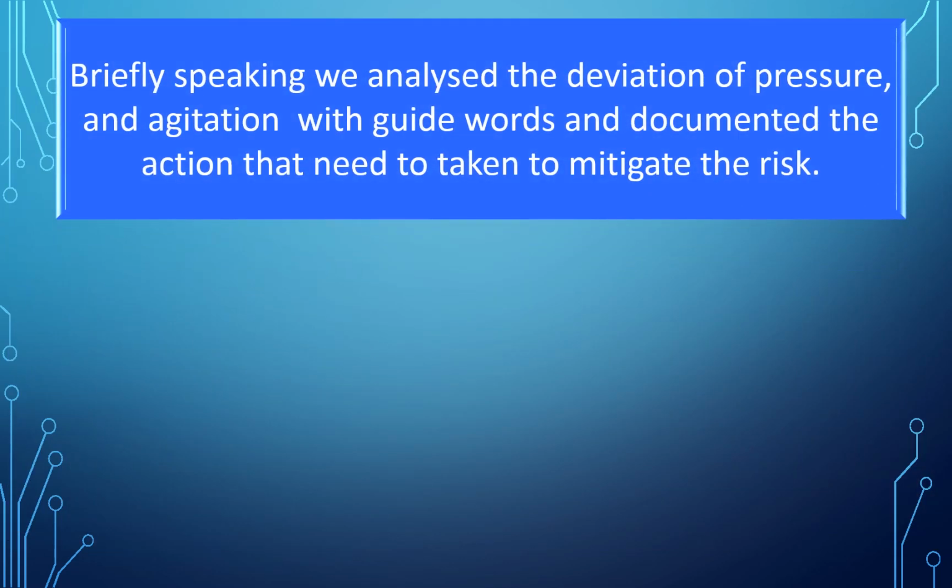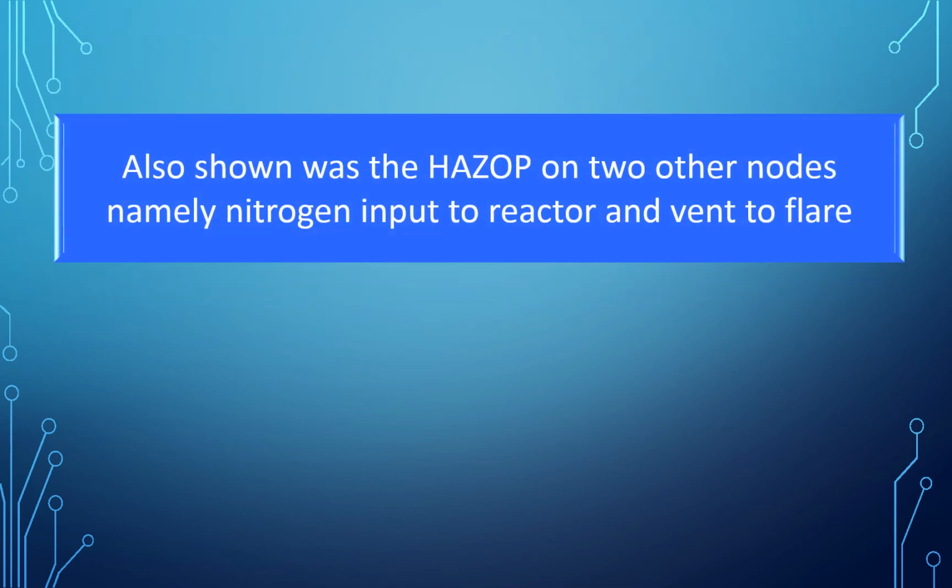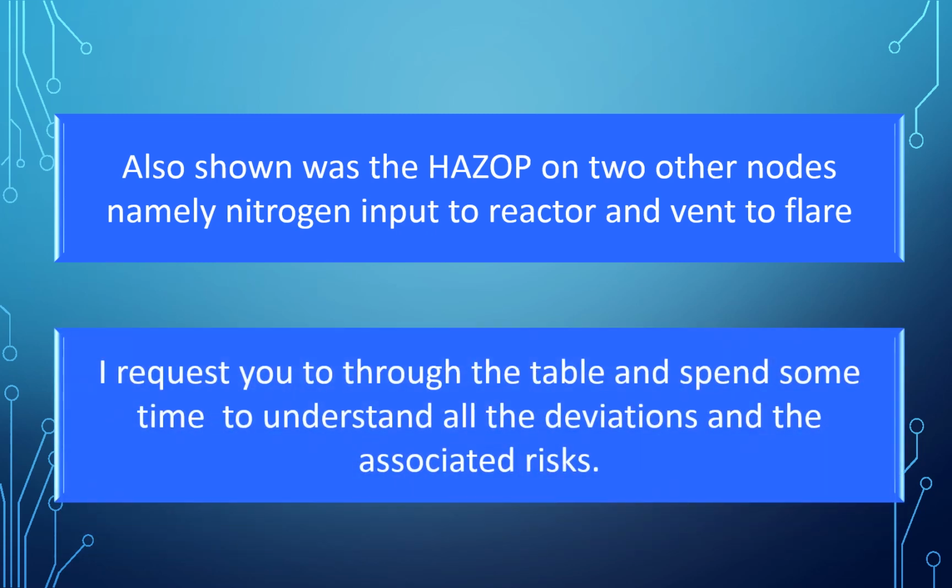Briefly speaking, we analyzed the deviation of pressure and agitation with guide words and documented the action that needs to be taken to mitigate the risk. Also shown was a HAZOP on two other nodes, namely nitrogen input to reactor and vent to flare. I request you to go through the table and spend some time to understand all the deviations and the associated risks.